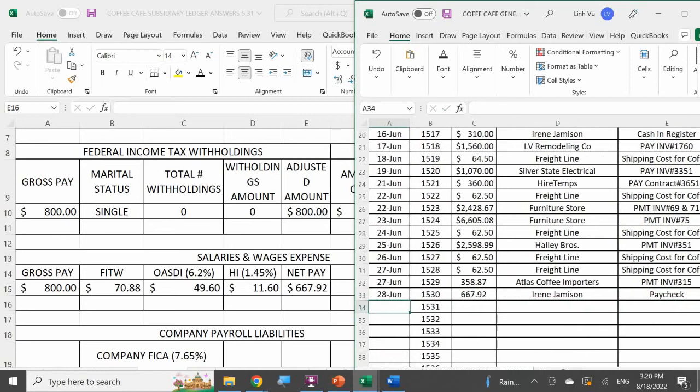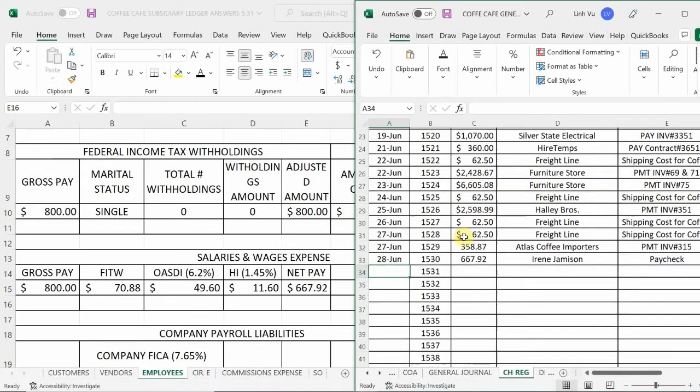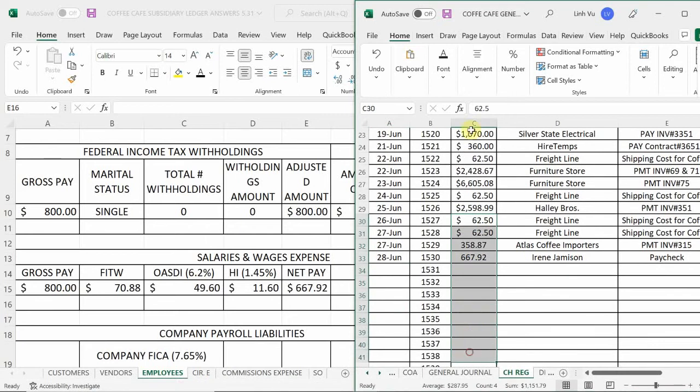Paycheck for payroll period. If you want to add that extra information, you may do so, but paycheck is good enough. We're only going to pay her one time for this month, just for this month, right?